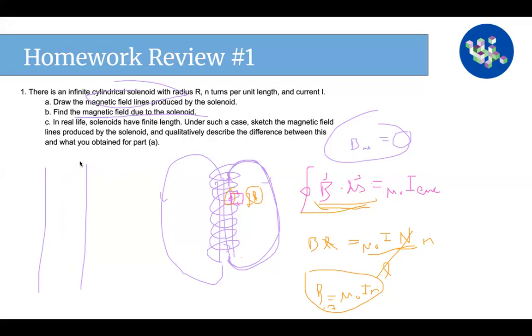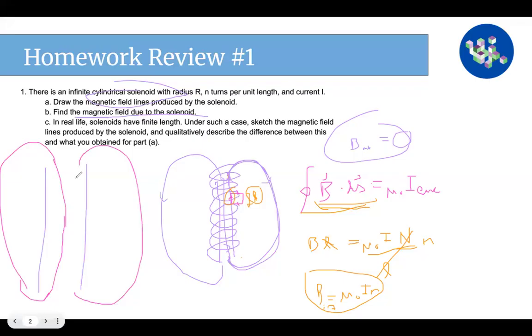Then outside of the solenoid, it's going to curve back like that. Then when it's inside, it's not going to be completely straight because it will be more curved like this. So you can see it's not exactly a straight line, and that's because it's a finite solenoid. So that's basically the difference between a finite solenoid and an infinite solenoid.